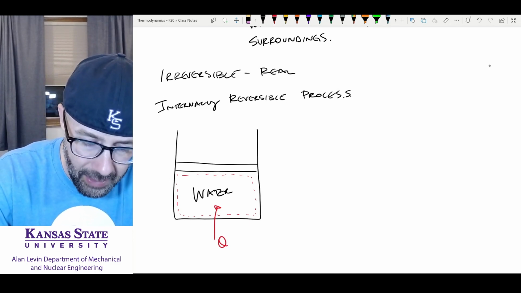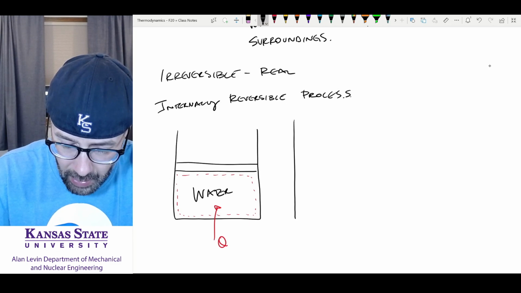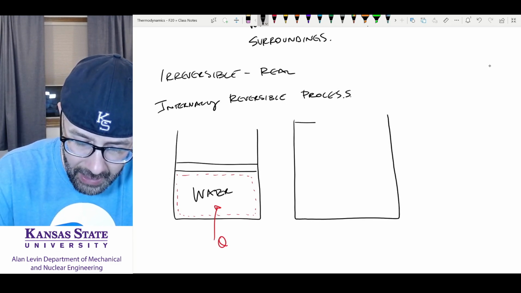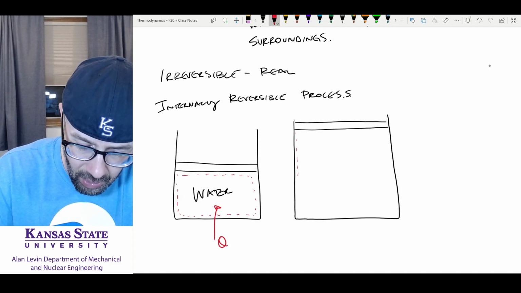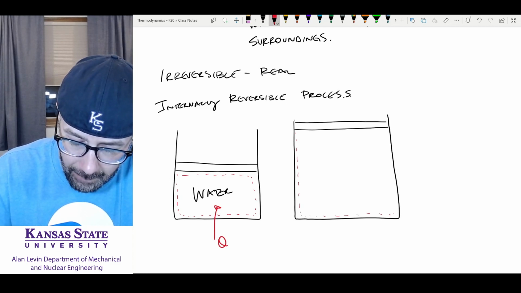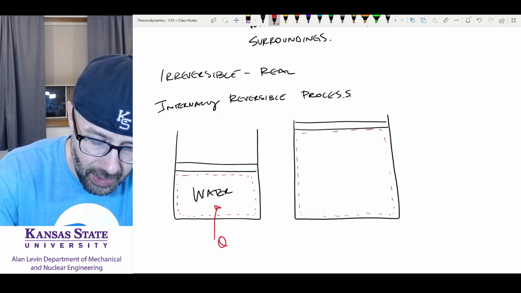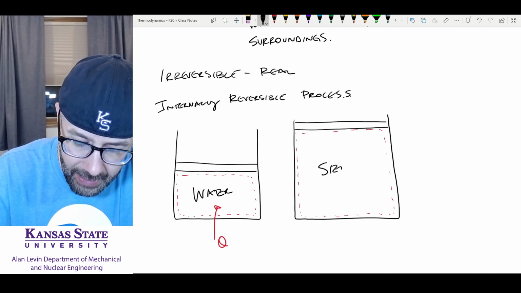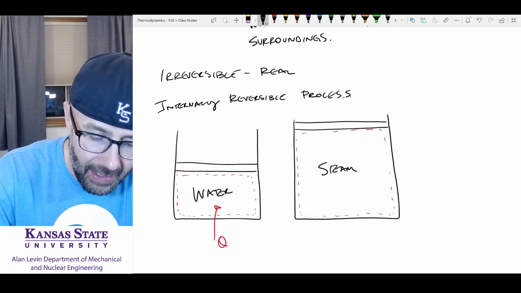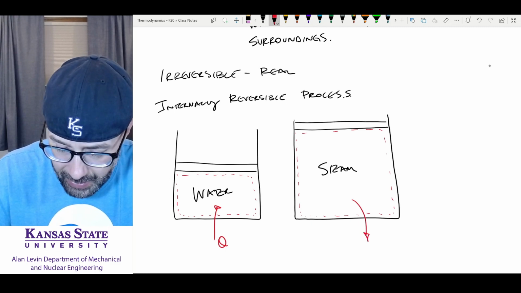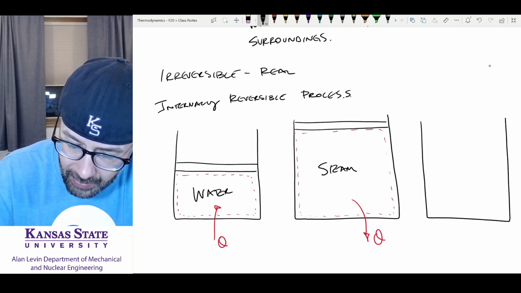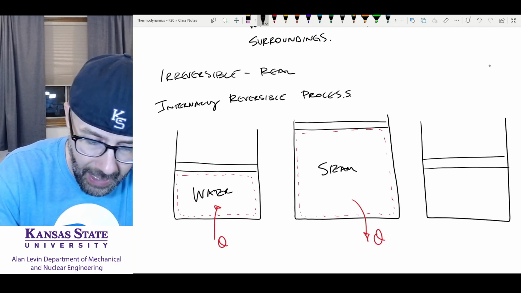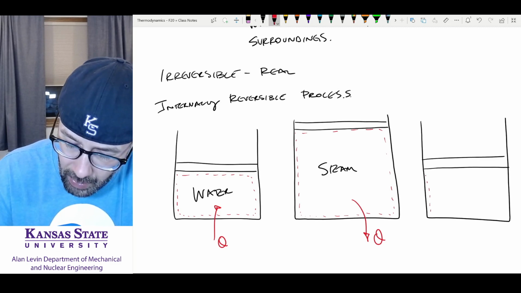And what's going to happen is we keep adding more and more heat. Well, this water's going to expand, probably bigger than this. But here's going to be my control volume. And it's going to turn into steam. And then if we remove heat from the steam, we're going to go right back to where we came from, and we're going to have liquid water.